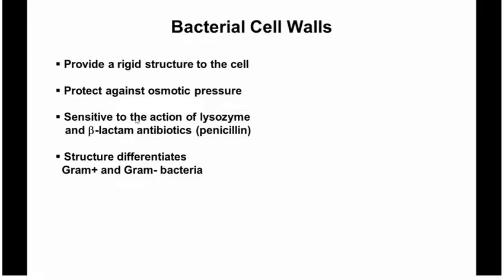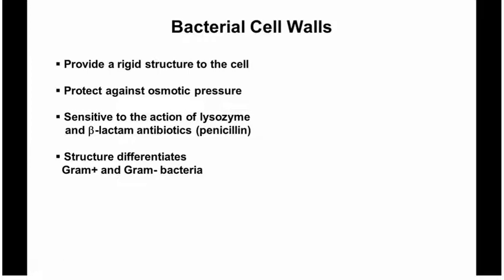So lysozyme is going to cleave the polysaccharide part of peptidoglycan, and different families of antibiotics will inhibit the synthesis of the cell wall. For example, penicillins, part of the beta-lactams, their function is to inhibit cell wall synthesis.